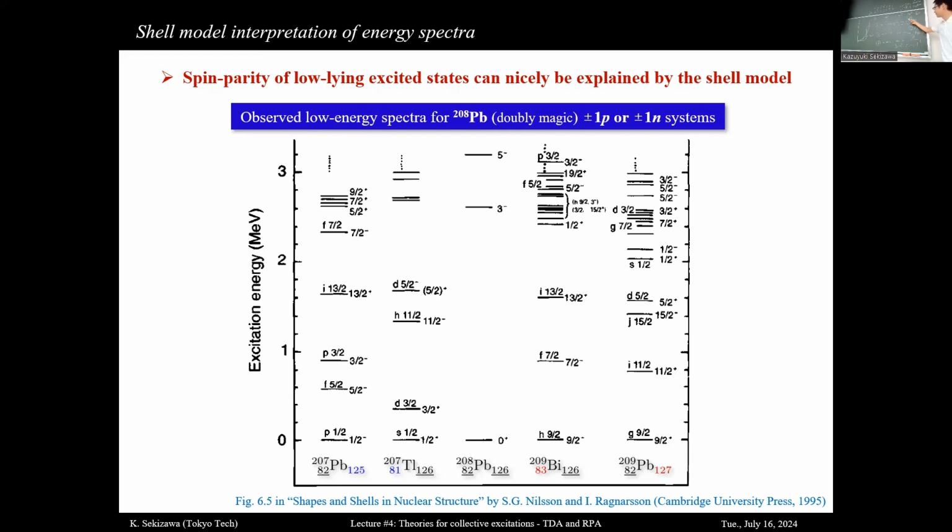So this already explains the emergence of those magic numbers, up to 20. And from the next negative parity state, we have the spin-orbit splitting for the F orbital.